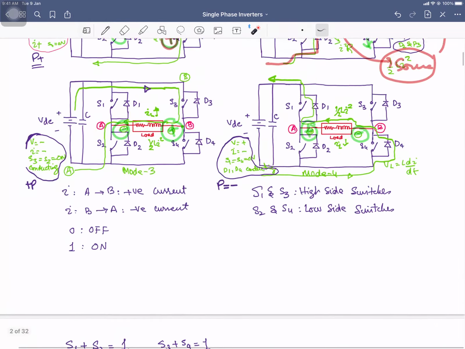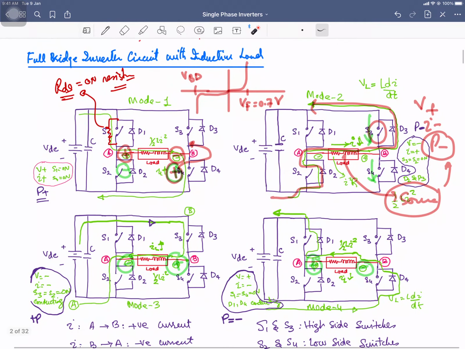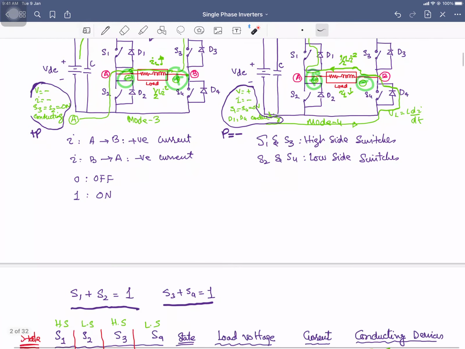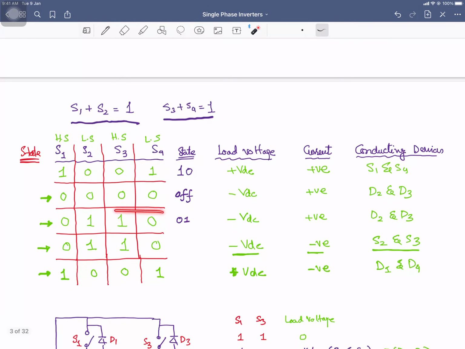Then considering the third state, this one is 0 and this one is 1, and this one is 1, this one is 0. So 0 1 for this arm, and for this arm it is 1 0. So in that case, now the voltage has become negative and the current is building up in the opposite direction. So this state is represented over here, that is the 0 1 state.